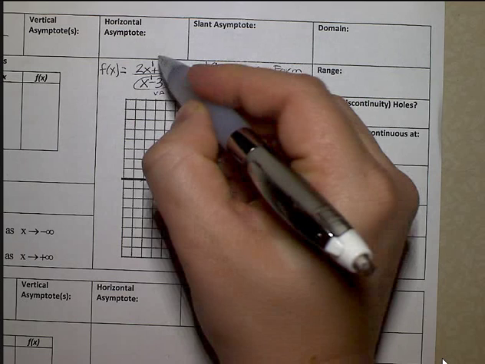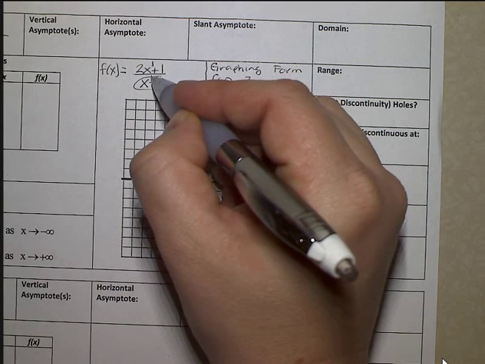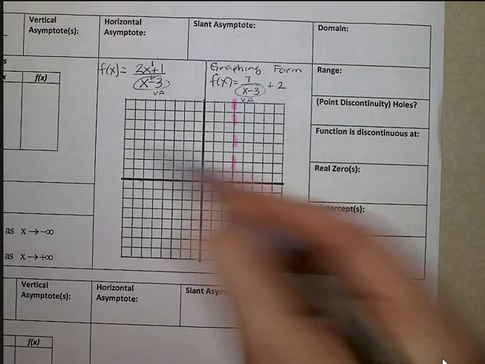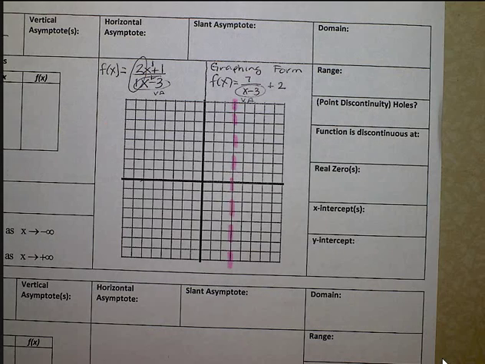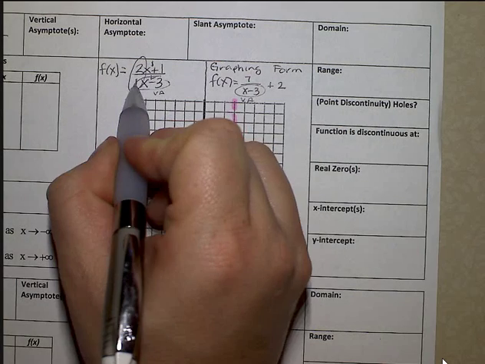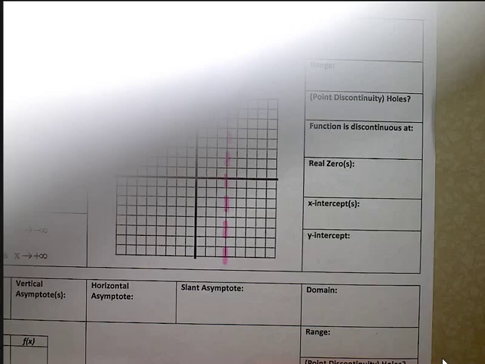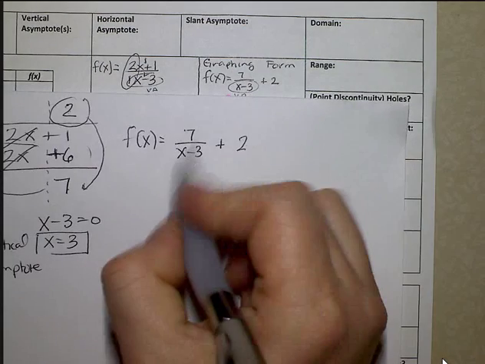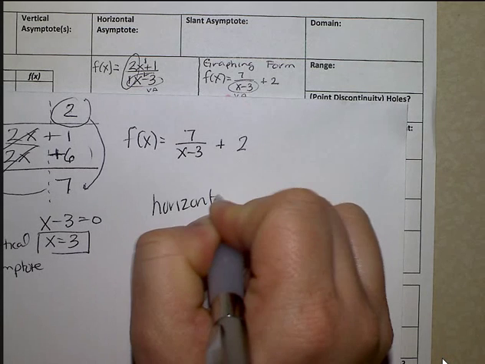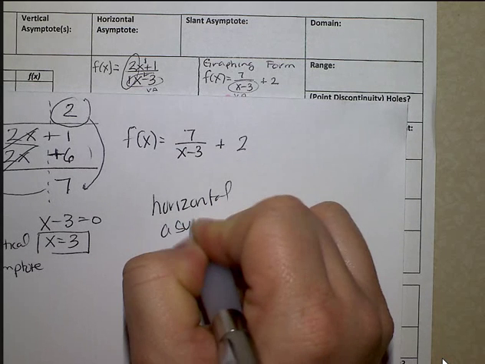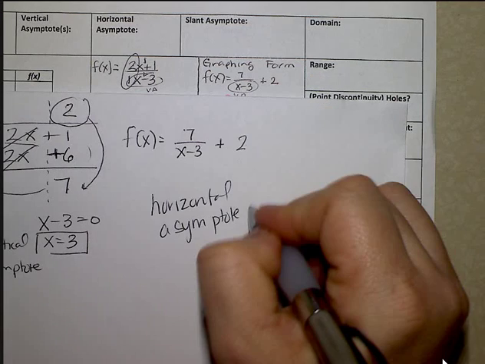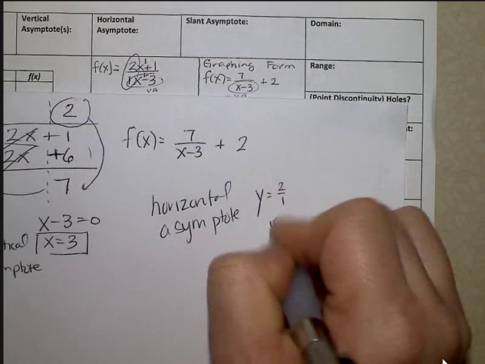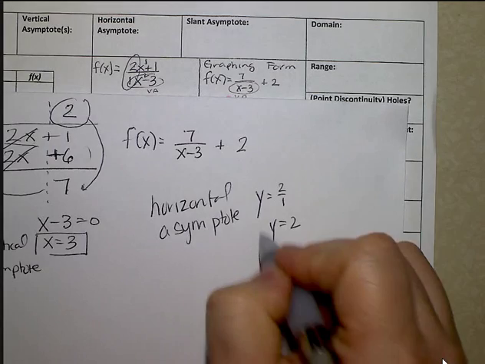As long as they have the same degree, when you're figuring out the horizontal asymptote, you get to divide the leading coefficients. 2 divided by 1 is 2. So the horizontal asymptote is y equals 2, because it's 2 over 1. Y equals 2.